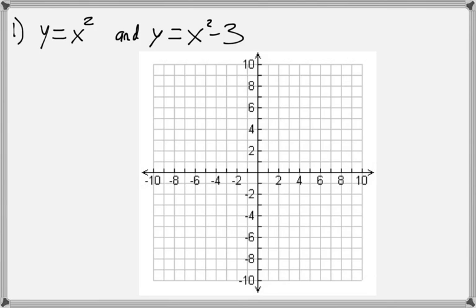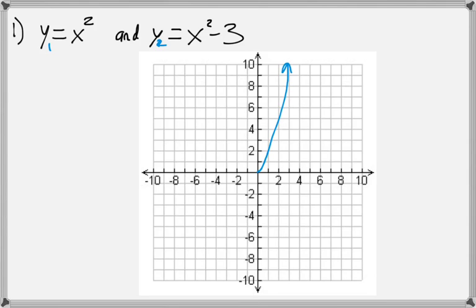So on my calculator I graph y is equal to x squared, and then in y2, x squared minus 3, so that's my y1 and that's my y2. And your graph doesn't need to be perfect when you're graphing these. As long as it's close, that's all that matters.